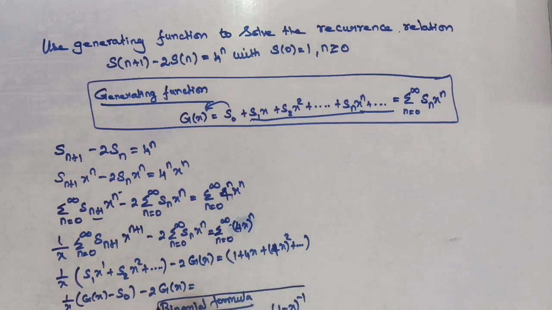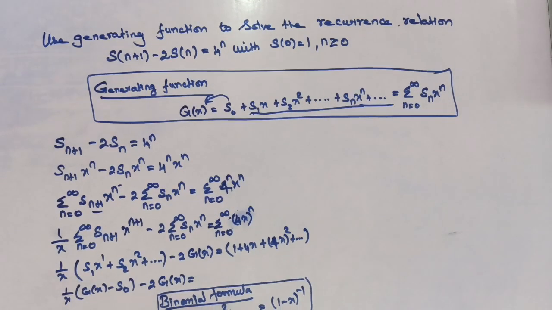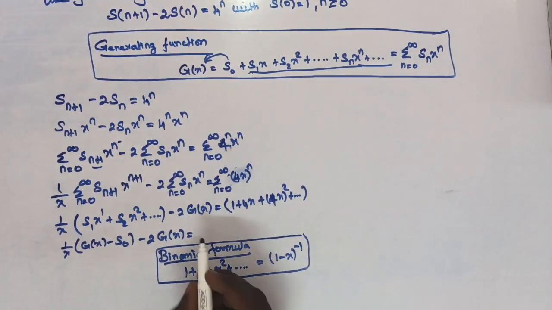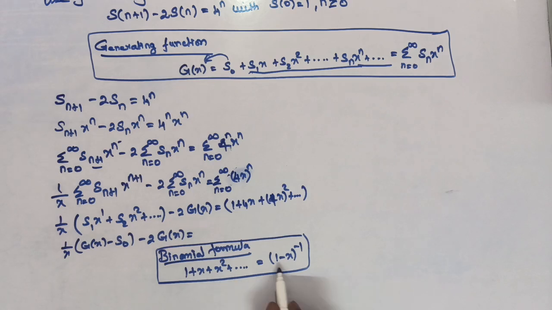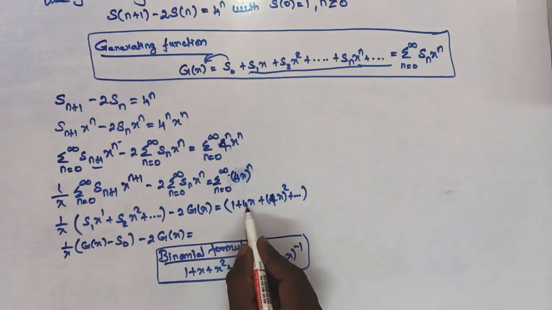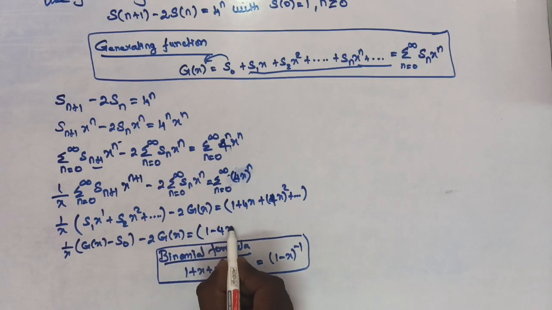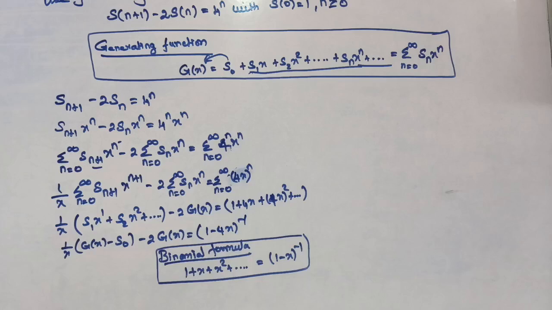So apply the binomial formula. What we get is equivalent to 1 plus x plus x square up to etc., 1 minus x whole power minus 1. Here in the place of x you have 4x, so this is going to be 1 minus 4x whole inverse.